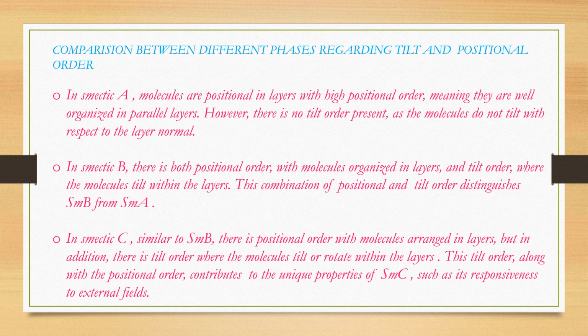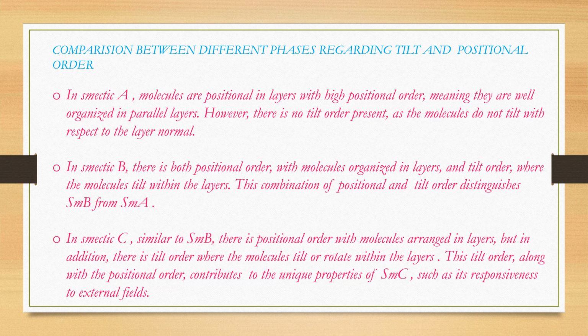And in smectic B, there is both positional order with molecules organized in layers and tilt order, where the molecules tilt within the layers. This combination of positional and tilt order distinguishes smectic B from smectic A. So, smectic B has both positional order and tilt in the molecules, whereas smectic A does not. And smectic C is similar to smectic B. There is positional order with molecules arranged in layers, and in addition, there is tilt order where the molecules tilt within the layers.